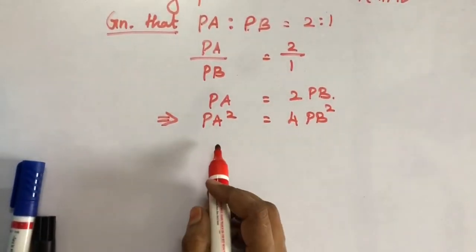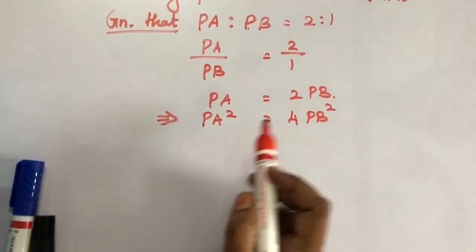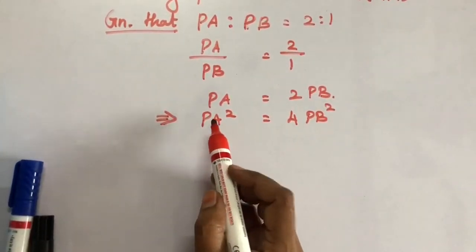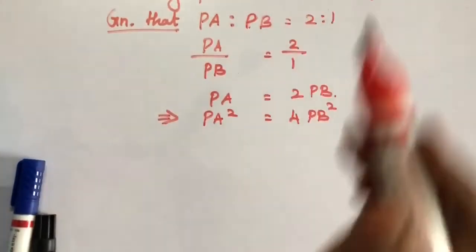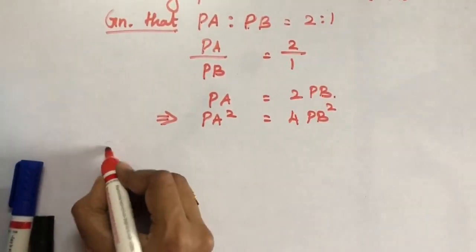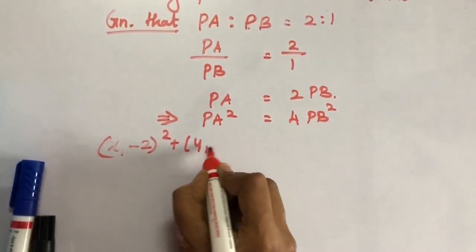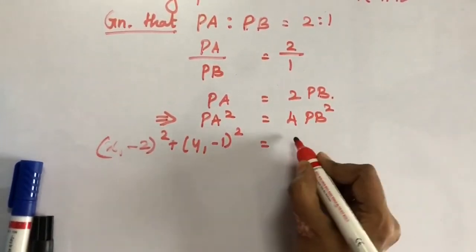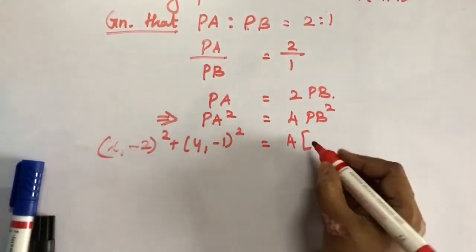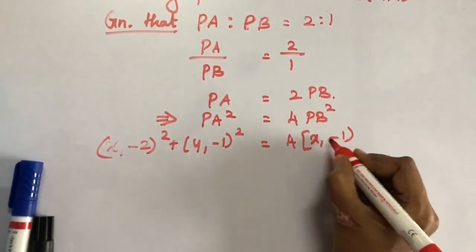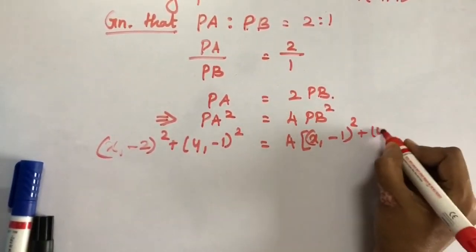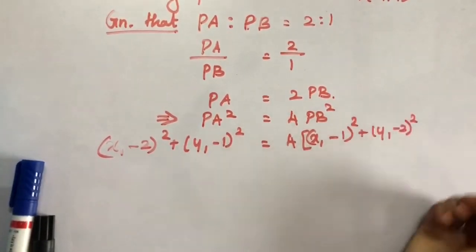Here also we are using the distance formula. The distance between P (x1, y1) and A (2, 1): (x1 - 2) the whole square plus (y1 - 1) the whole square is equal to 4 into (x1 - 1) the whole square plus (y1 - 2) the whole square.